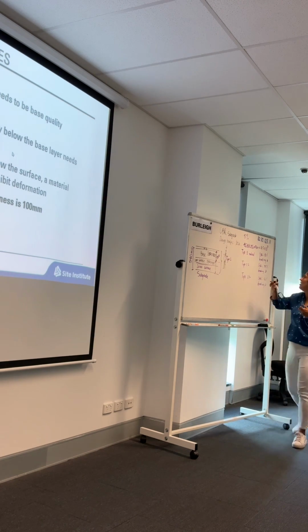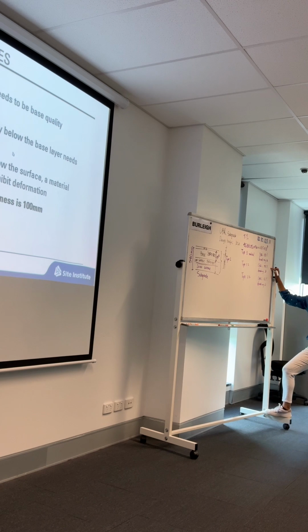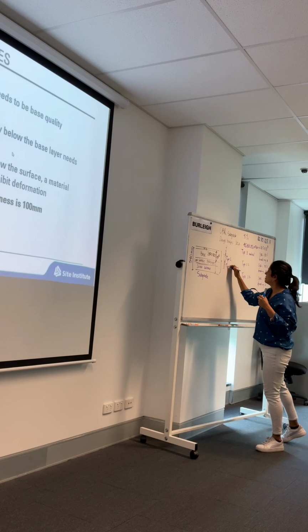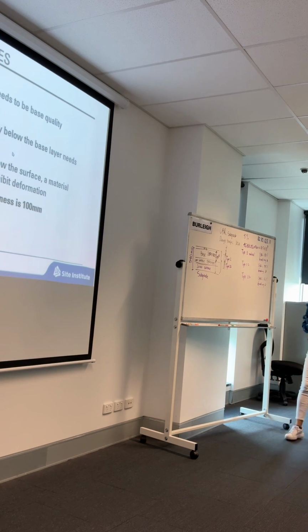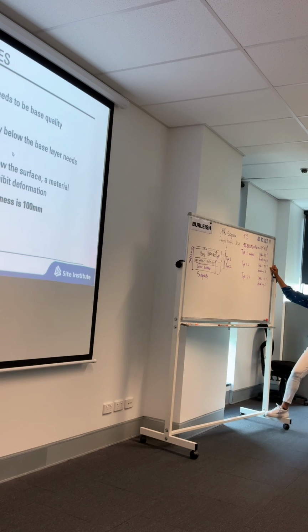Then here, I'm going to put this one, because the rule says you need to have a CBR of at least 30% below the base. So I have to put the type 2.2.